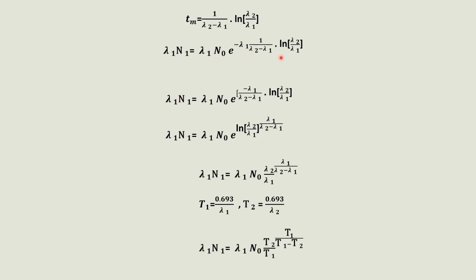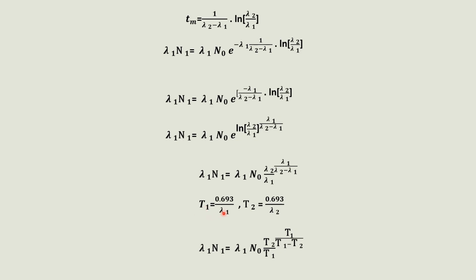After simplifying this, we get lambda 1 n1 equals lambda 1 n naught e to the power natural log of (lambda 2 by lambda 1) to the power lambda 1 by (lambda 2 minus lambda 1). So lambda 1 n1 equals lambda 1 n naught (lambda 2 by lambda 1) to the power lambda 1 by (lambda 2 minus lambda 1).